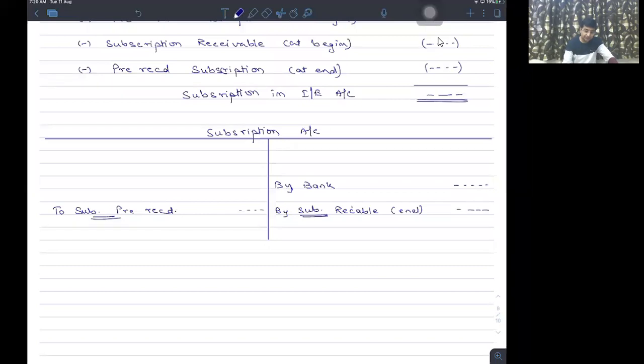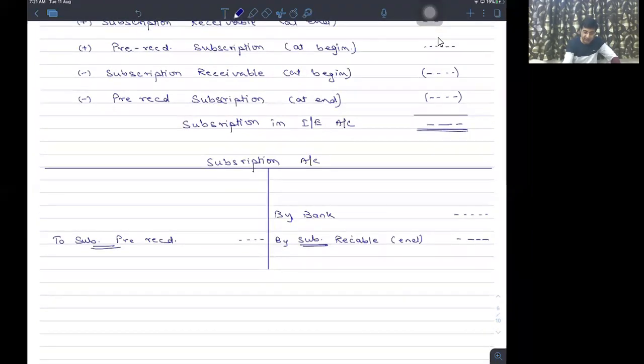All right. Now, whatever was the subscription pre-received at the beginning is the current year income. Therefore, on the credit side will come what? By pre-received subscription. Now this was for end, this is for beginning.